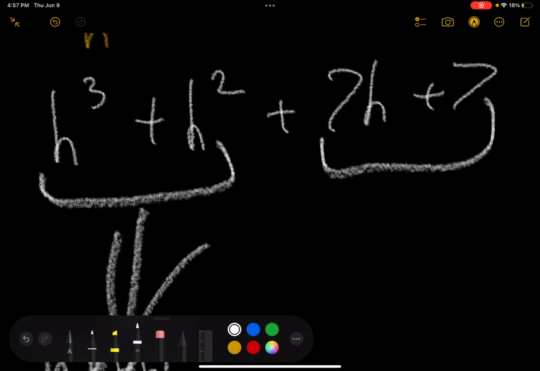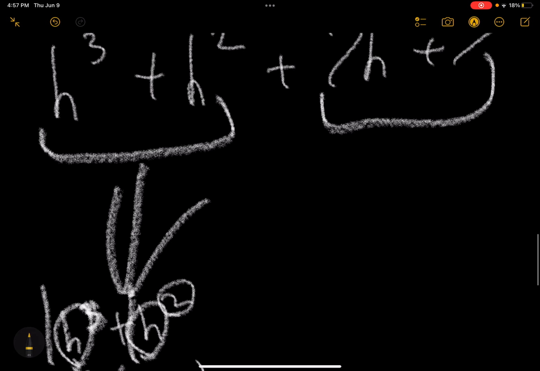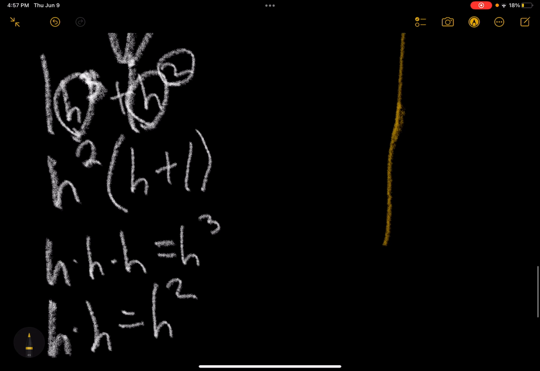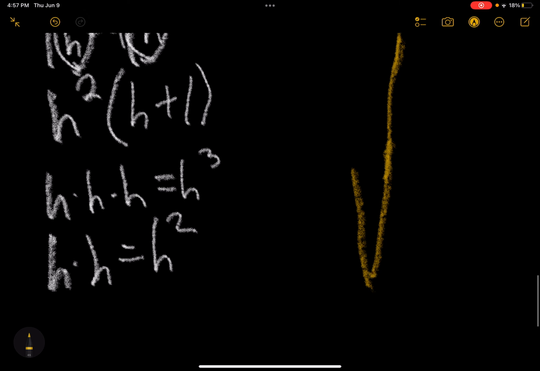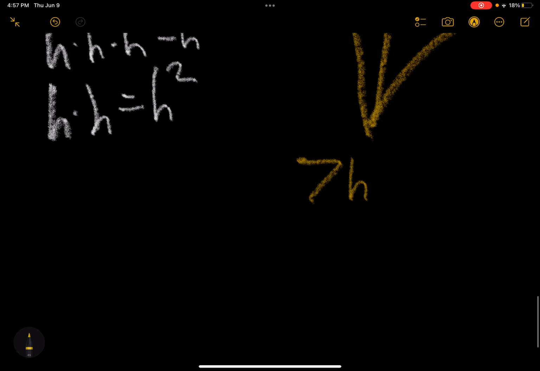I'm moving a little faster because I already explained most of it here, and I don't want to waste your time, so go down right here. 7h plus 7. The greatest common factor is 7, and we only have one h, right? Because the coefficient of the only h is 7, and this doesn't even have an unknown variable for its coefficient, right?